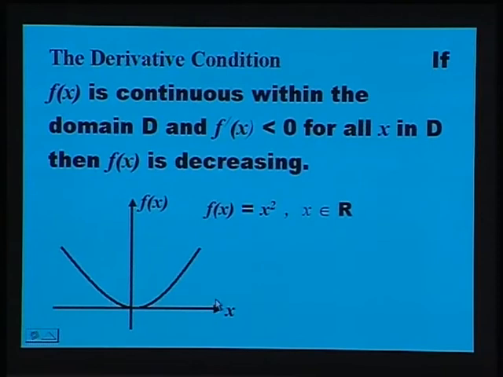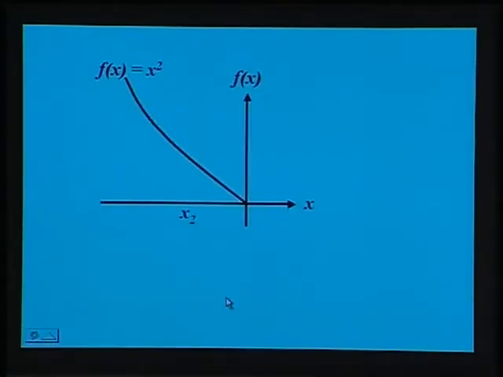Let's verify that by drawing the graph of the negative part and verifying whether f(x2) would be less than f(x1). Consider the negative part of the graph. That is the graph for the negative values of x. Consider two values in the domain, x2 and x1.